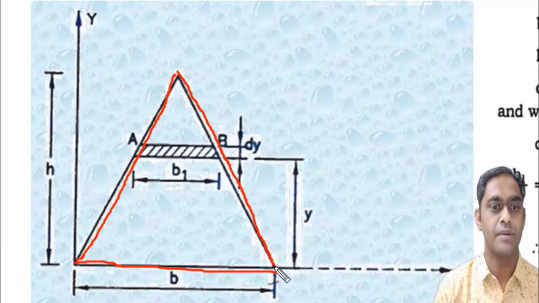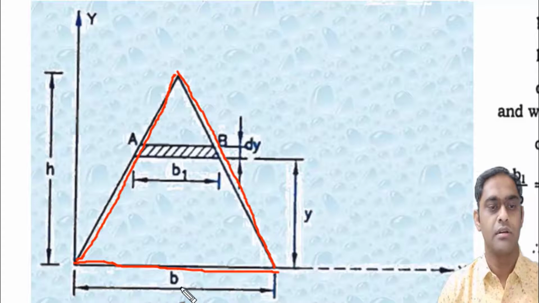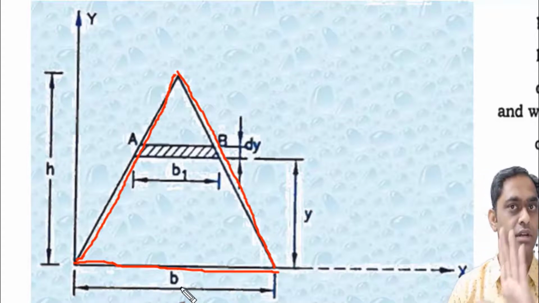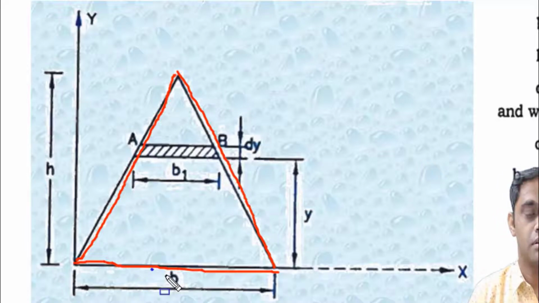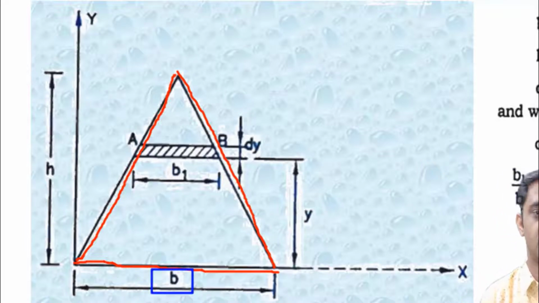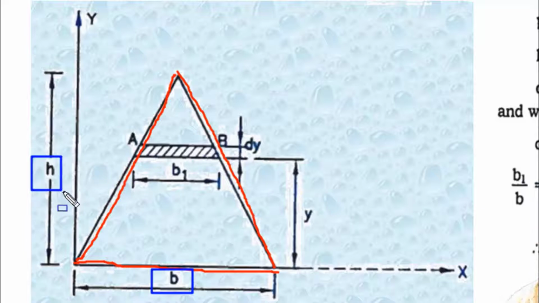Now what are the dimensions? Concentrate on the dimensions. Here the width of the triangle, or you can say base of the triangle, is B and height of the triangle is H. Now as you have to find y bar, vertical y bar, then you have to take the strip horizontal. So consider this strip approximately horizontal itself.